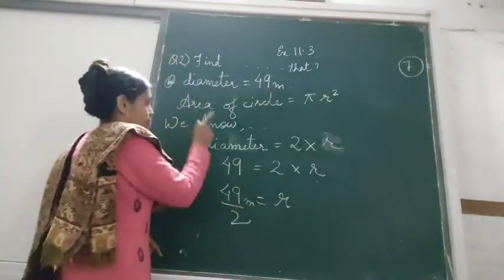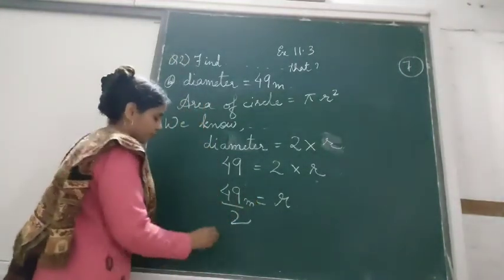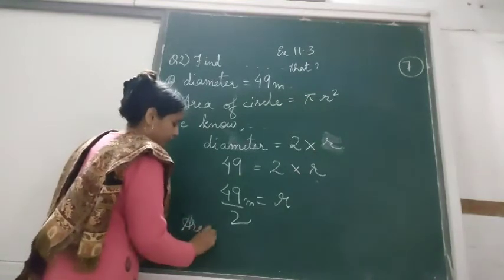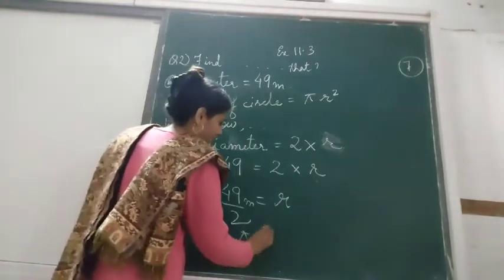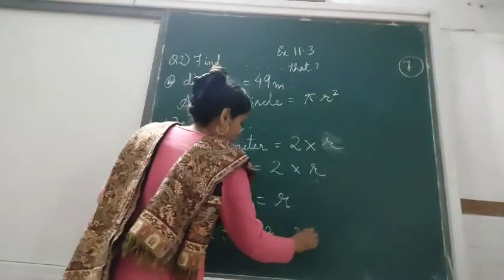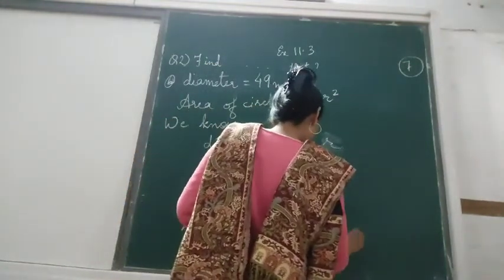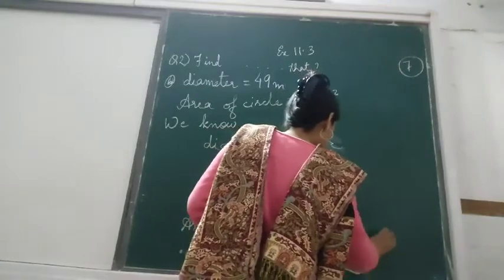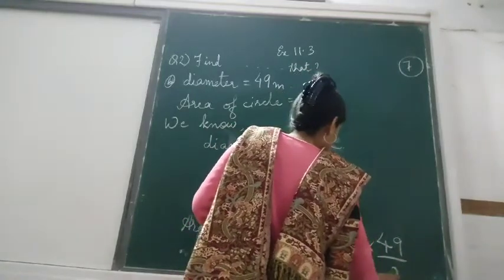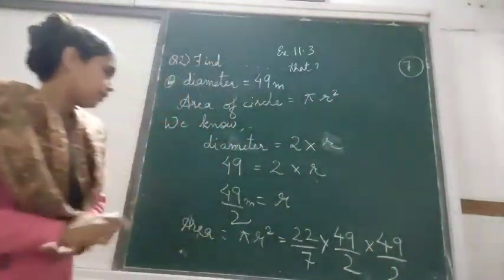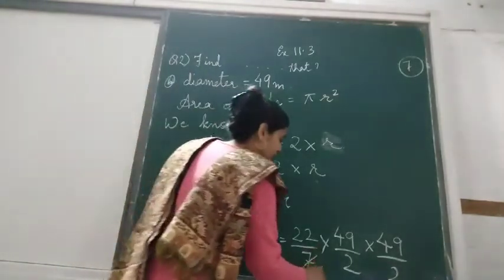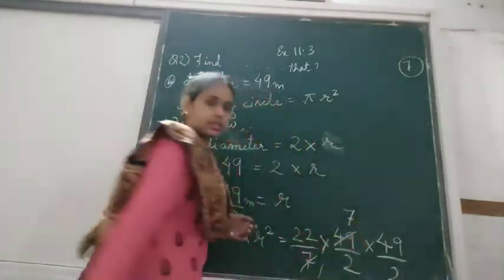Now we find the area of the circle, that is pi r square. So area is equal to pi r square, which is 22 by 7 into 49 by 2 into 49 by 2. Very big number will be coming here. So 7 ones are 7 and 7 sevens are 49.